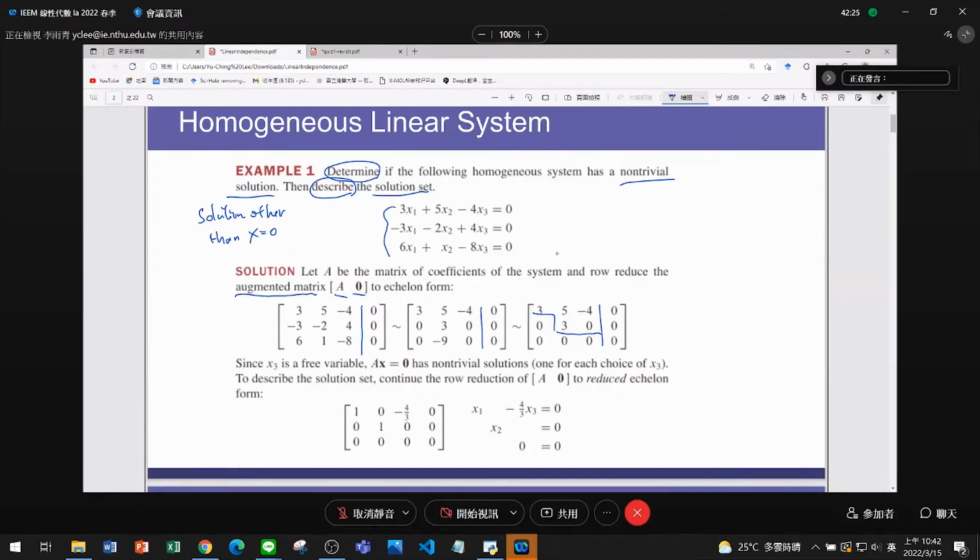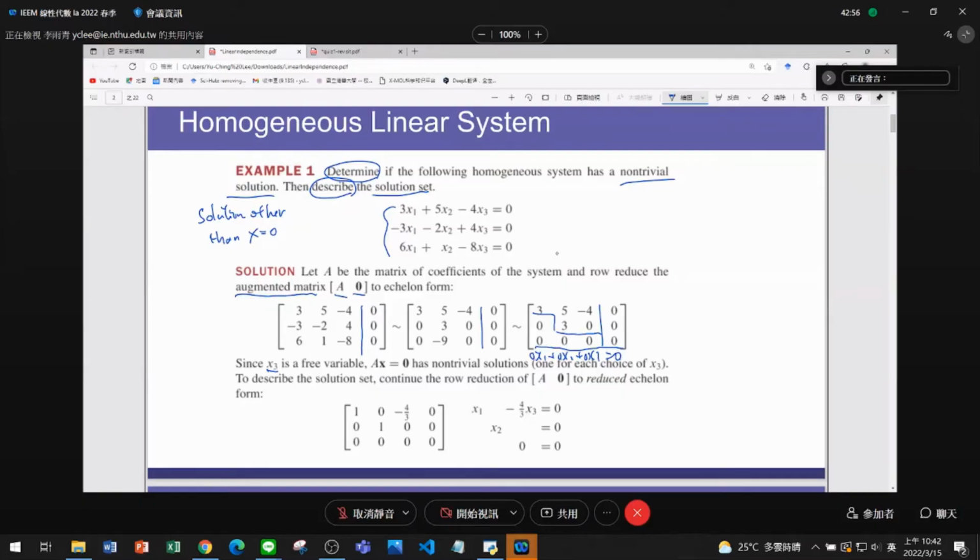And now we identify a free variable. Here it says that the free variable is x3. This row is all zeros, 0x1 plus 0x2 plus 0x3 equals 0. And so we say that x3 is a free variable.